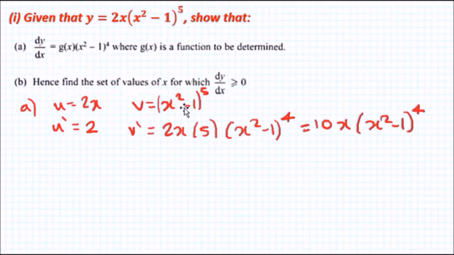Hence, by the product rule, all we need to do now is simply connect these. So we could say firstly that the product rule tells us that it's going to be u times v prime plus v times u prime.